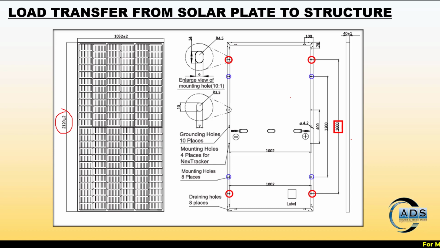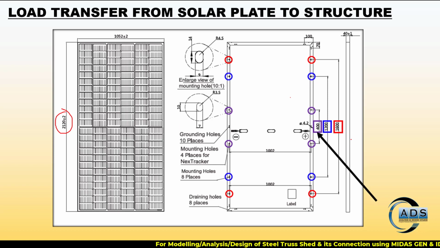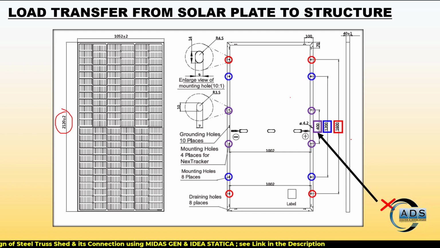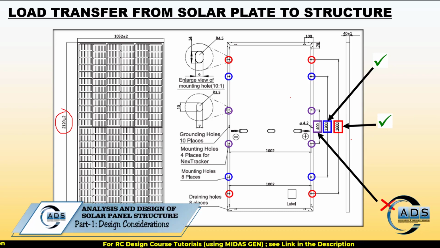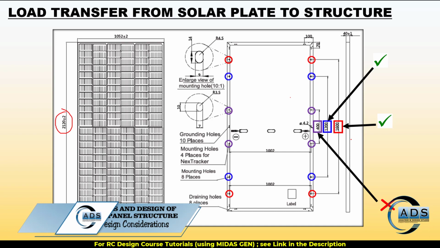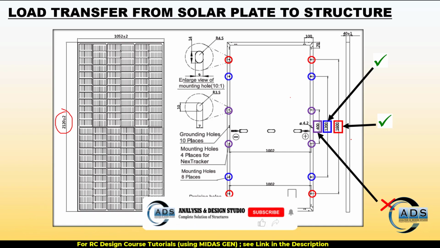So this spacing is 1600, the inner holes spacing is 1200, and the innermost spacing of holes is 400. But we do not recommend the closer one. Why? Because if we choose this 400, then the cantilever portion of the solar panel itself is very large. So it is better to connect either at 1200 or 1600, depending upon the solar panel company.